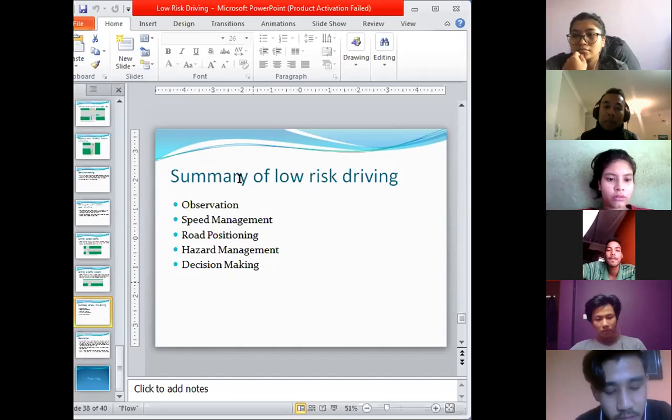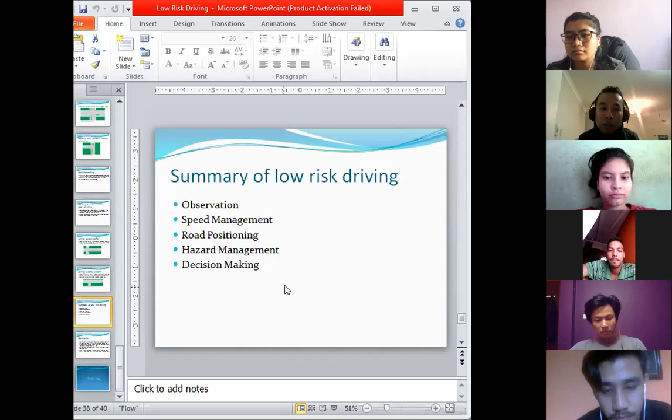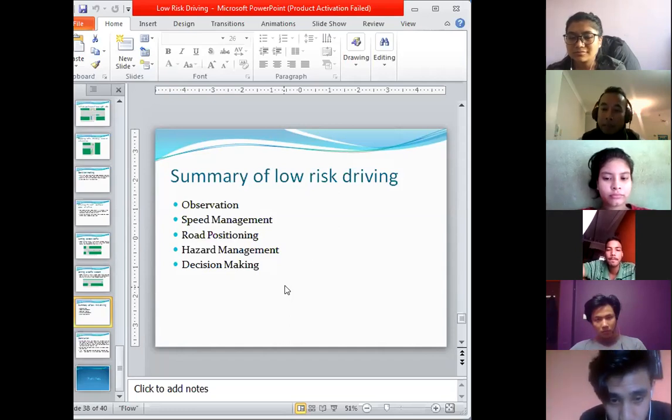And decision making, as we have already discussed, lots of decision making while you are turning, and decision making while you are approaching intersections. One example is if you are turning left, you must make a good decision. Good decision making means you must select a safe gap to turn.